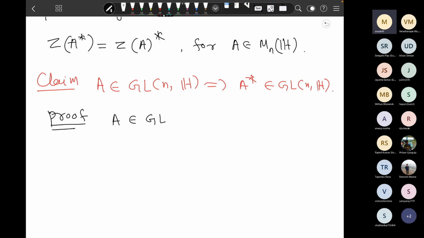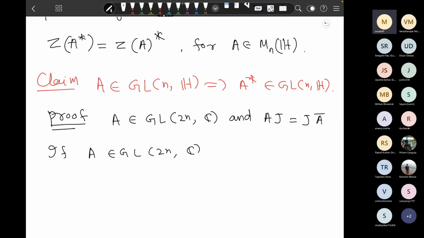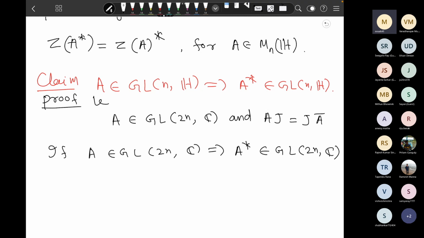This means A belongs to GL2N(C) and AJ is equal to J bar A. Now if A belongs to GL2N(C), this clearly implies that A star belongs to GL2N(C).